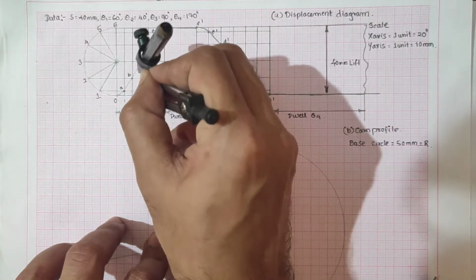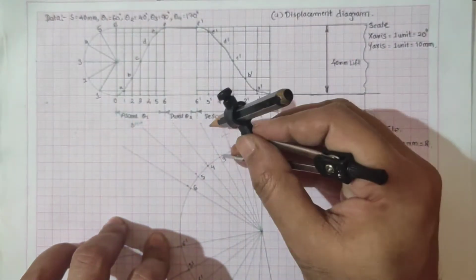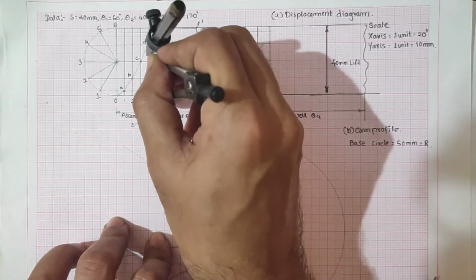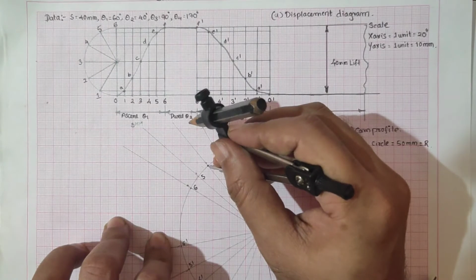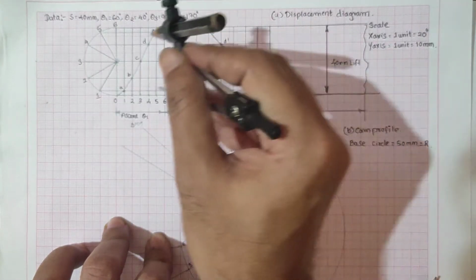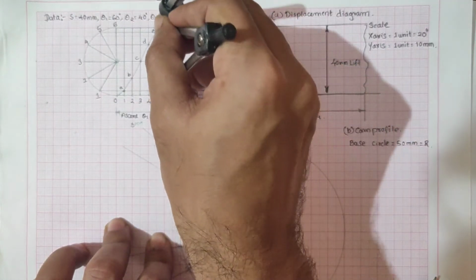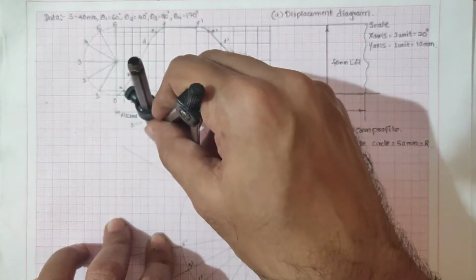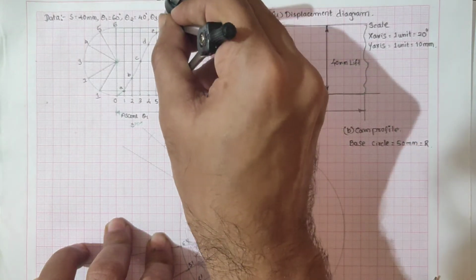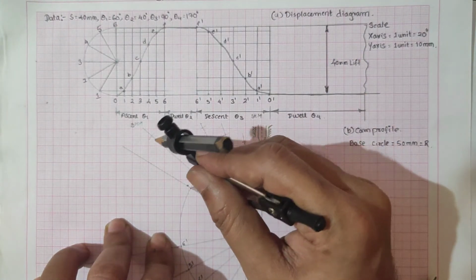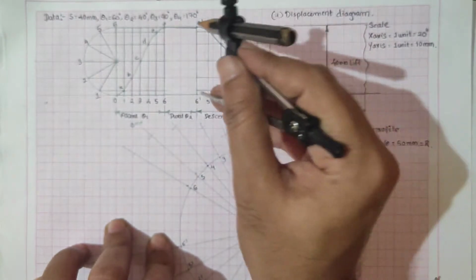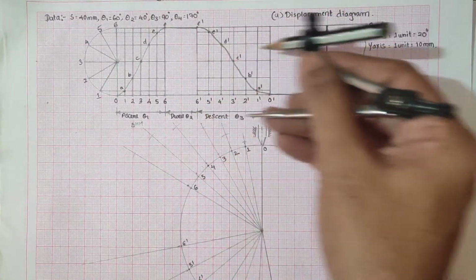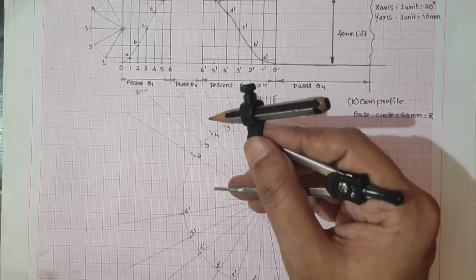Then measure from 3 to C and 4 to D. Repeat the procedure for all the points. Next, for the descent period, again you have to do the same.